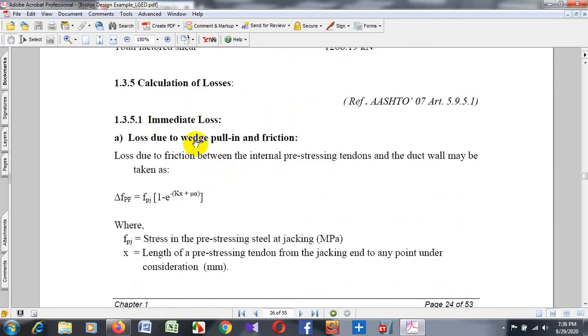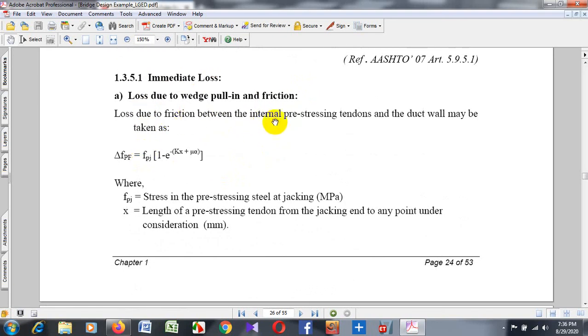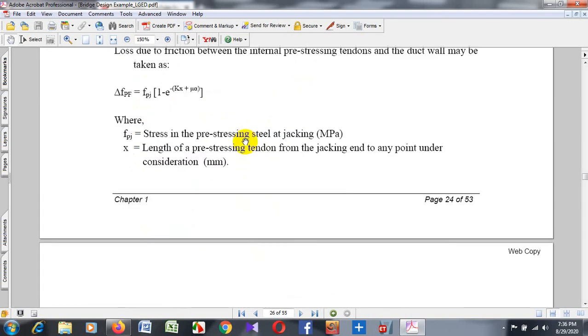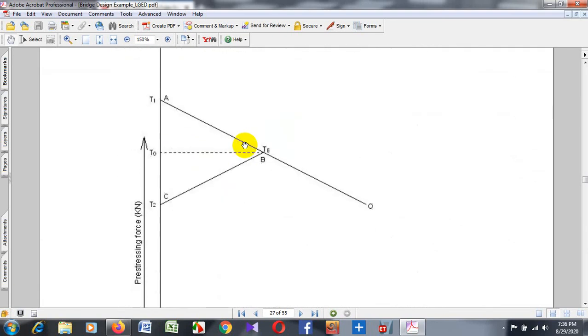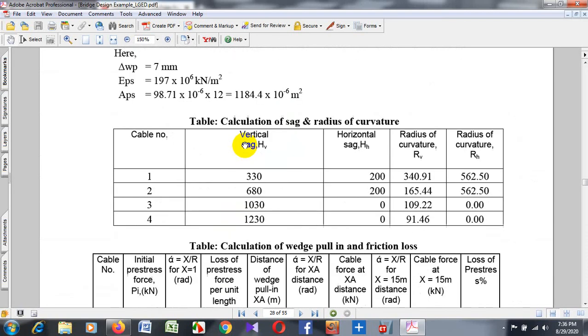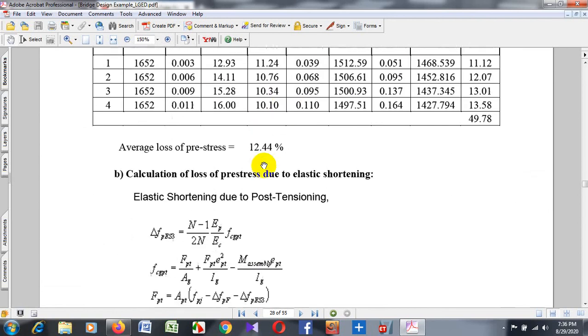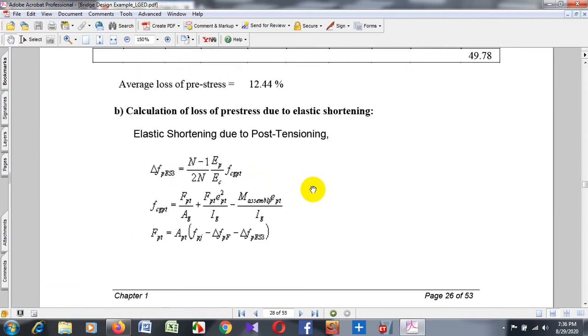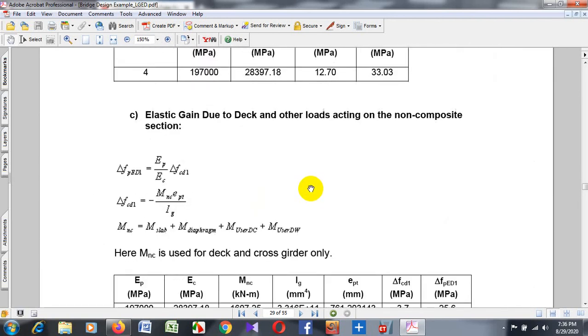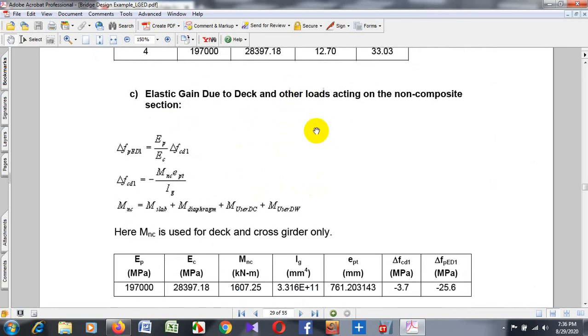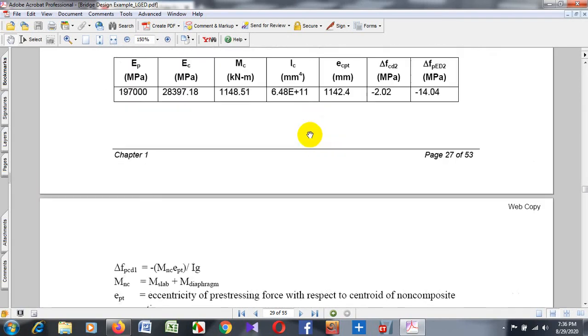Calculation of losses, immediate losses, losses due to anchorage set pull-in and friction. Calculation of sag and radius of curvature, calculation of anchorage set pull-in and loss of friction, calculation of loss of pre-stress due to elastic shortening, elastic gain due to deck and other loads acting on the non-composite sections.